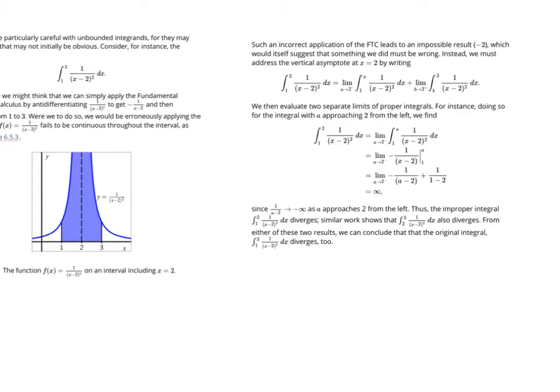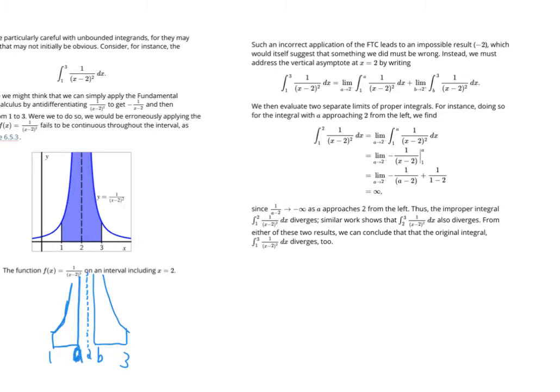We should be making a similar situation as when we had that 1 over square root of x function being integrated from 0 to 1, except now we have an integral from 1 to a and an integral from b to 3, and we're letting a approach 2 from the left and letting b approach 2 from the right.